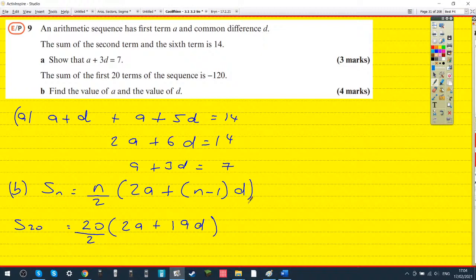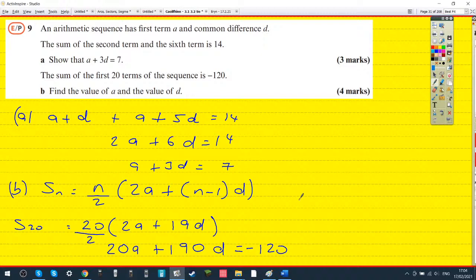So that is 10 outside, so 10 times 2a is 20a plus 190d equals minus 120.